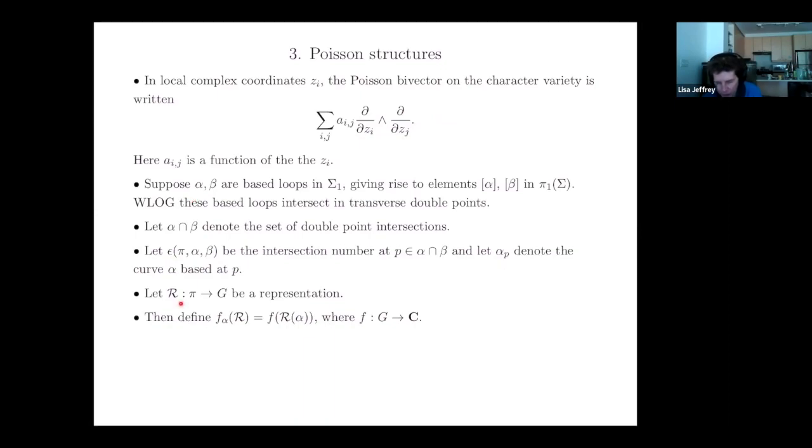So if script R is a representation of the fundamental group, then we write f sub alpha of R. Here f is a function on G. It would not have to be a complex function. It could be a real function, something like the real part of trace. You're evaluating f at R of alpha, which is a point in G.